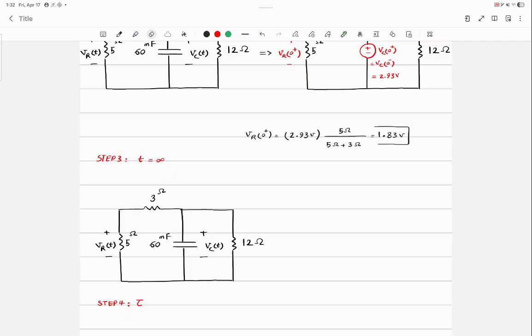How do you make this circuit infinity friendly? Capacitor, replace it with what? Open circuit. And change the labels as well.